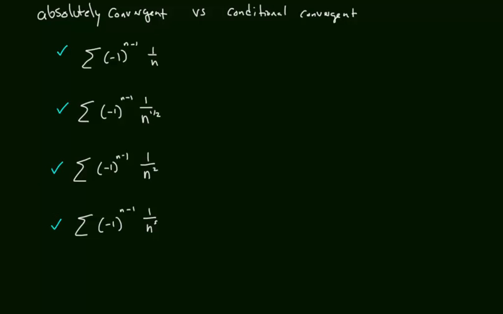Bottom line, they all converge. I don't like this word conditionally convergent. I didn't choose it. Conditionally convergent makes you say, well, maybe it converges, maybe it doesn't converge. If it conditionally converges or absolutely converges, bottom line, it converges. So these four series converge bottom line.